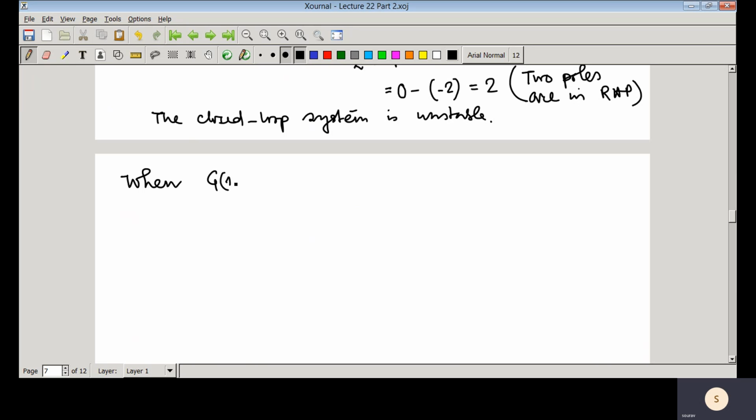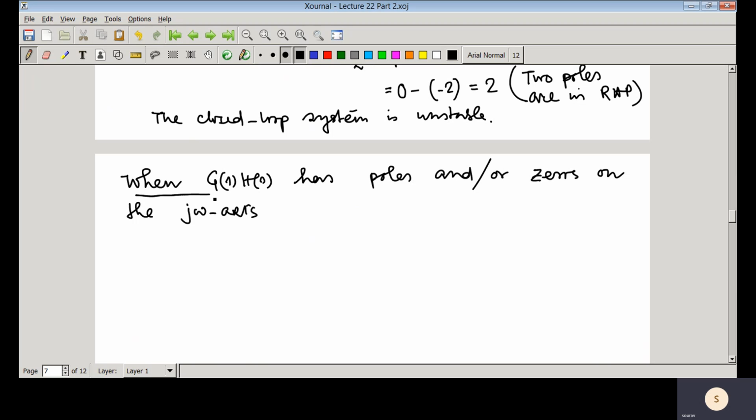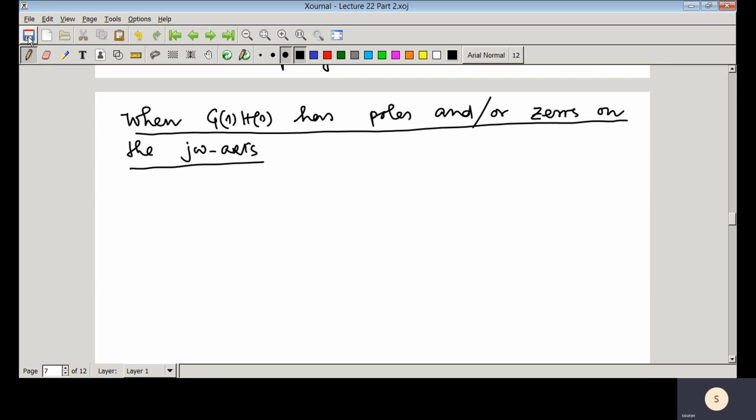As we have pointed out, the Nyquist contour should not pass through the poles or zeros of G of S, H of S.